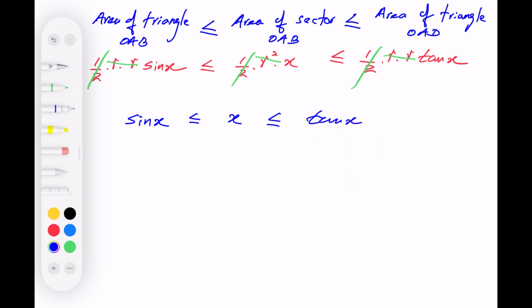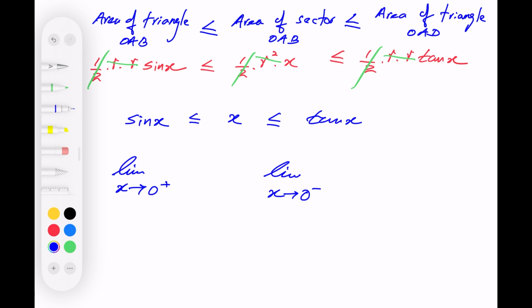Now what I'm going to do is, I'm going to pay attention on the limit. What we need is limit as x approaches to 0. We cannot talk about limit as x approaches to 0 straight away, but we can talk about the two cases, as limit x approaches to 0 from the right hand side, and also as limit x approaches to 0 from the left hand side.